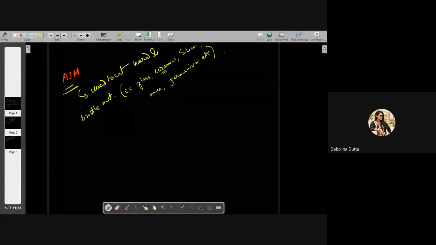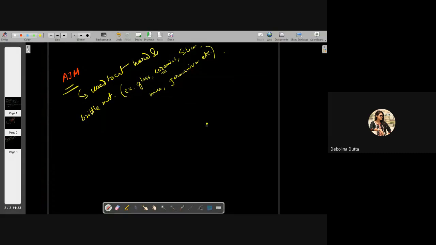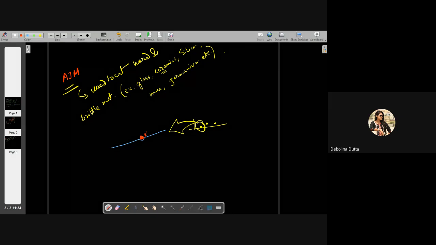If I am talking about one particular grit, when this particular grit interacts with the surface, and if I magnify this portion, then what happens is that it creates a small crater in the surface. Again, I am talking about one particular grit. When this grit interacts with the workpiece surface, it creates a very small crater like this.